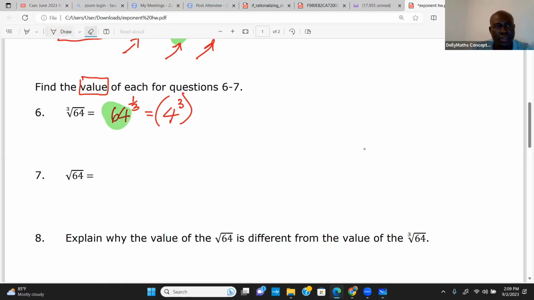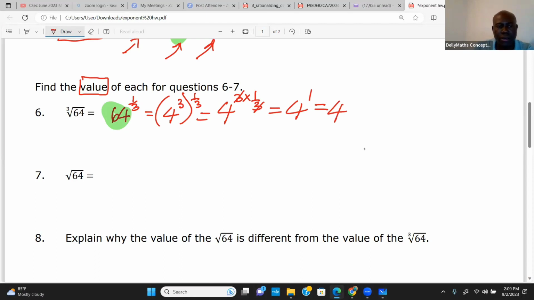And this is also raised to the 1/3. Remember the context that whenever a power is raised to a power, we're going to keep the base and then multiply the powers. You're going to notice that this 3 would cancel this. What are we left with? 4 to the 1. And this is the identity exponent, which is 4.